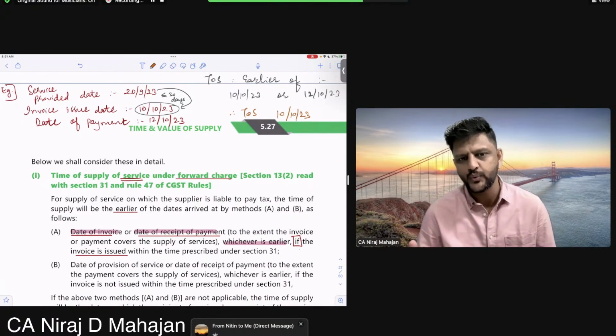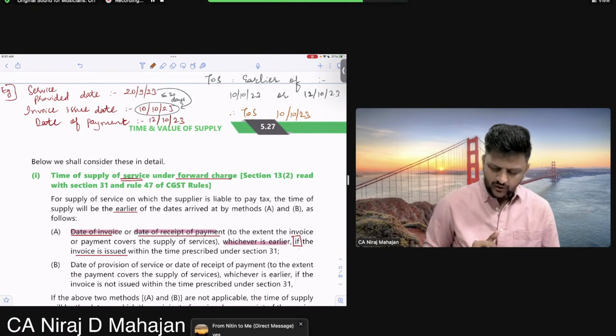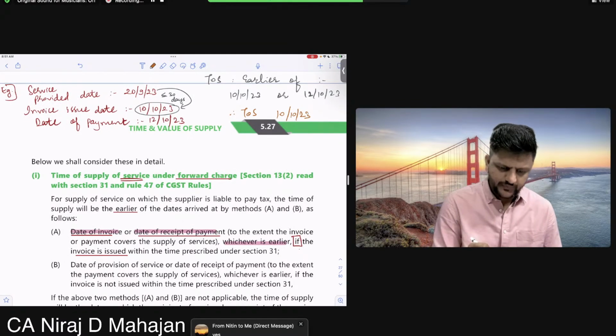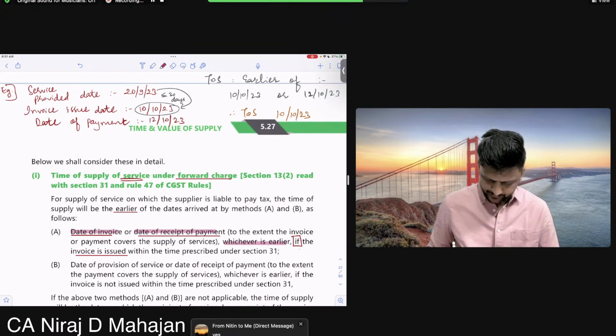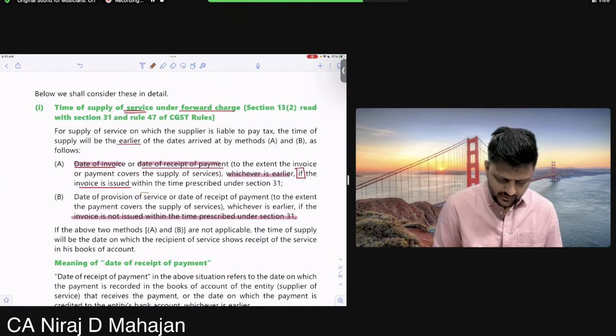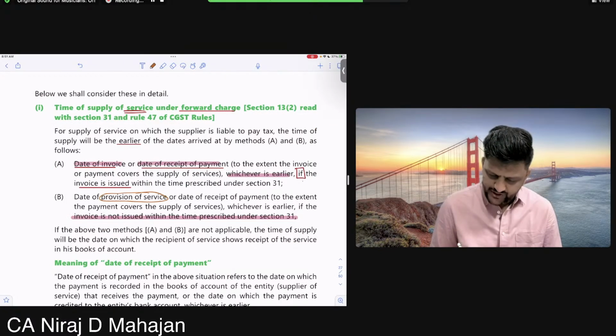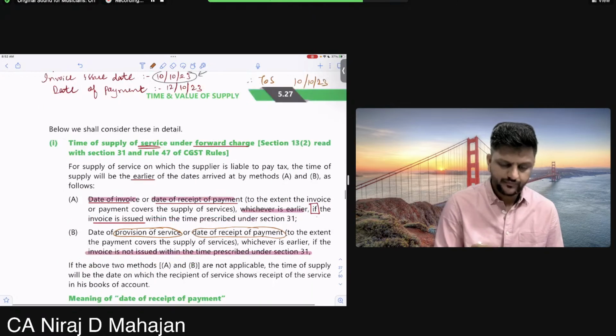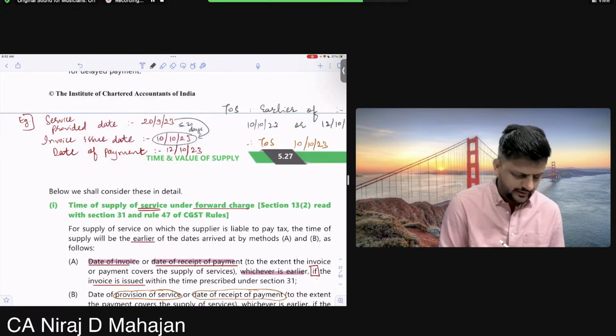This is, children, then what? If your invoice was issued within due date. If it is not issued, check now. If the invoice is not issued within due date, then date of providing of service or date of receipt of payment, whichever is earlier. So I'm taking another example.